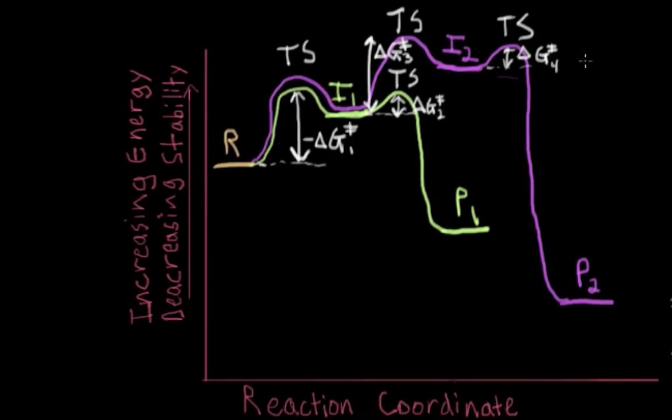Looking at all of these, and keeping in mind that these are the activation energies to get from either reactants or intermediates to the transition states, we can see that the kinetic product, or kinetic reaction control, involves less activation energy. It only has delta G double cross 1 and delta G double cross 2.